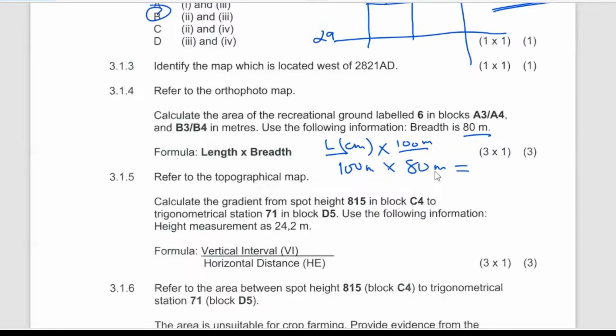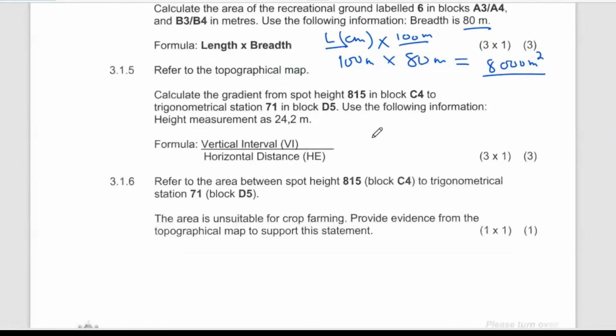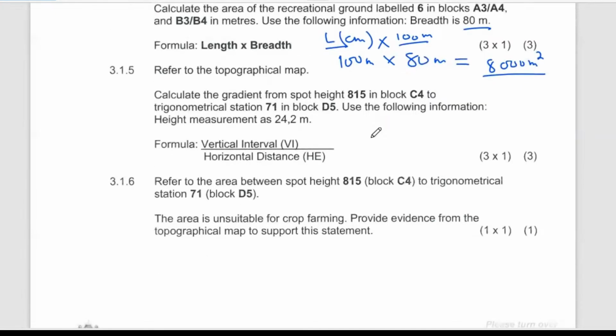That is going to give you 8,000 square meters as the area of that particular recreational ground. So what you only need is to measure, and convert your measured distance according to the map scale of 1:10,000. You give your measurement in meters, and your breadth has already been given in meters. You multiply the two to get your answer in square meters.